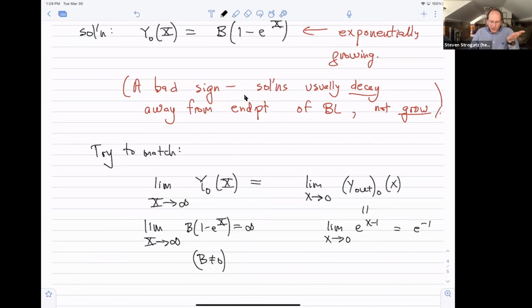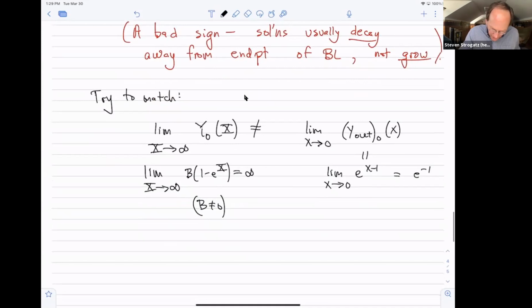There's nothing that can work, right? I mean, if b is non-zero, then we get infinity over here. And if b is 0, we get 0. And neither of those can match e to the minus 1. So there's no good way to make this work. Just the matching is impossible.